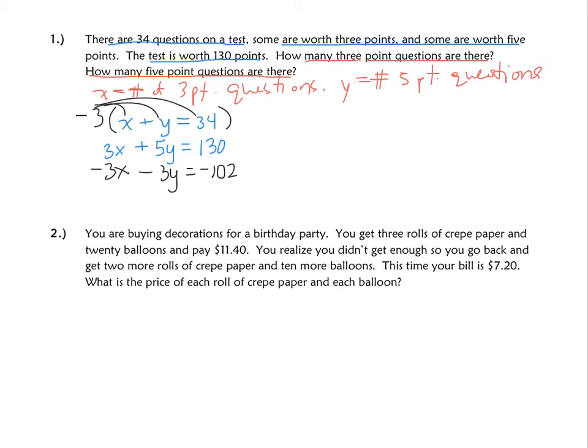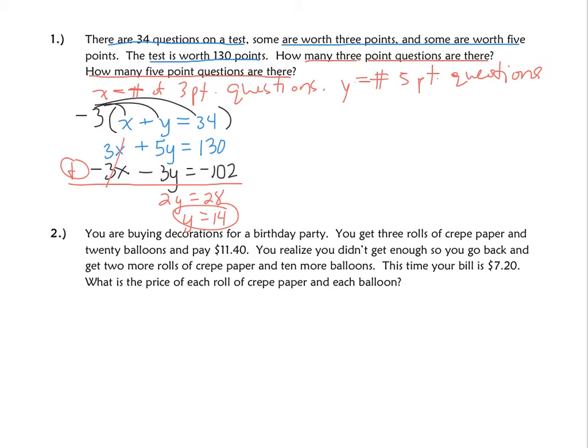When I go to add these 2 equations together, the x's cancel out. I get 2y is equal to 28. When I divide by 2, I get y is equal to 14. So that means that the number of 5-point questions, there are 14 of them.